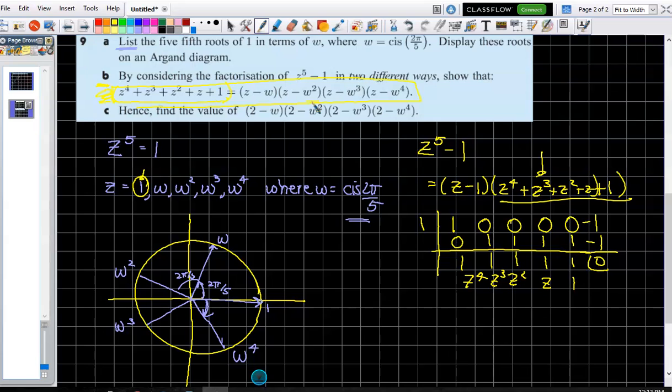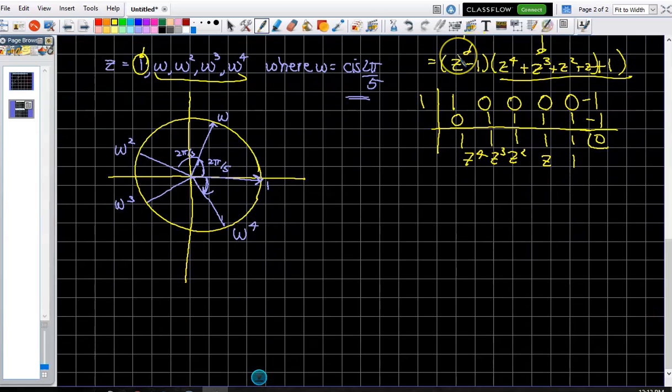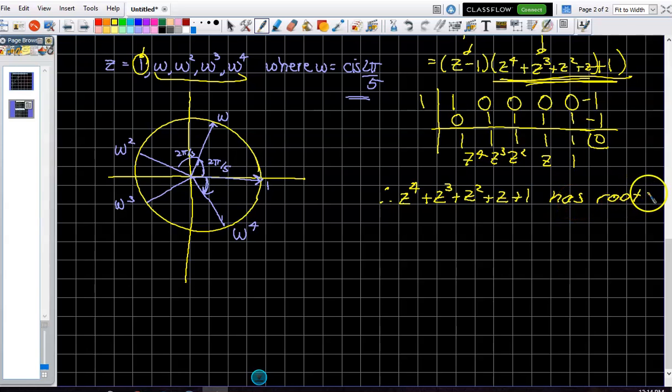Yes, Mac? Because those are your remaining roots, absolutely. So we already know we've used up 1 over here. So this whole factor there, z to the 4 plus z cubed plus z squared plus z plus 1 has roots w, w2, w3, and w4, does it not?